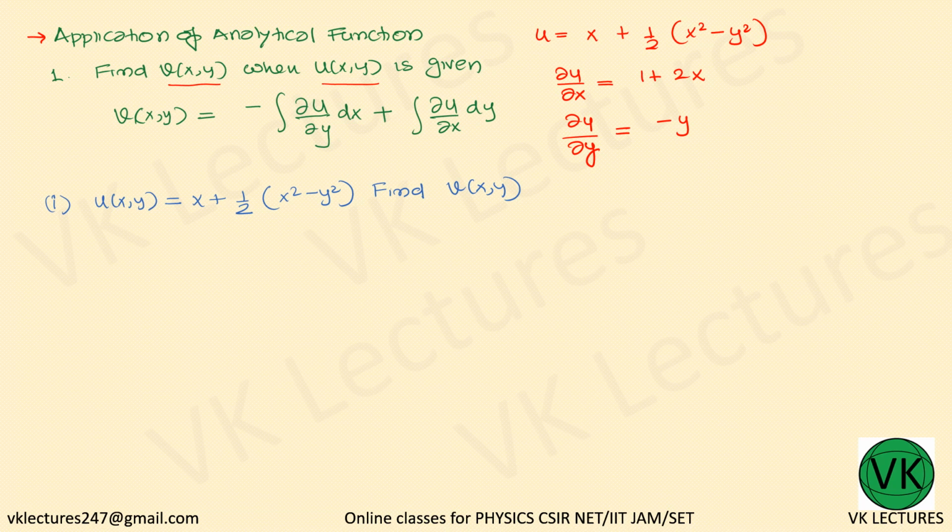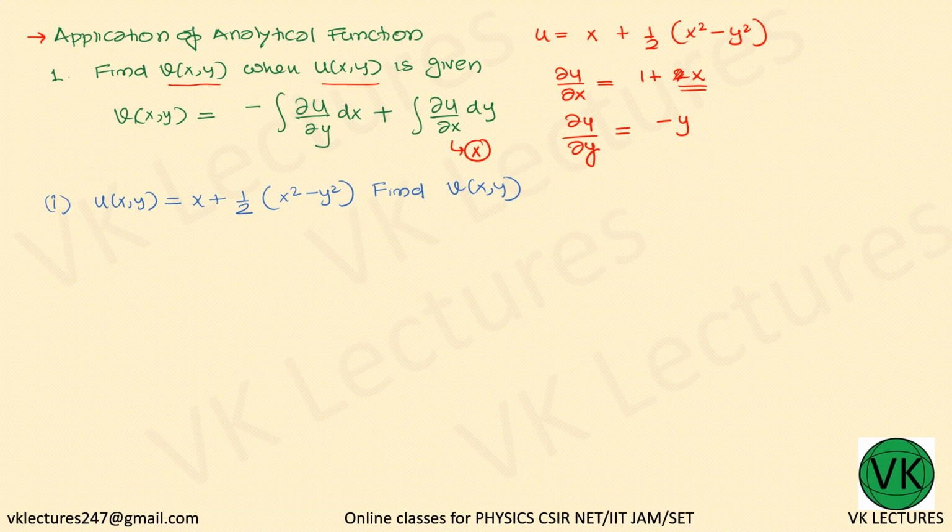Now dou u by dou x should not contain x terms, so you can remove the x term from here, and dou u by dou y equals minus y, which is a constant with respect to x.